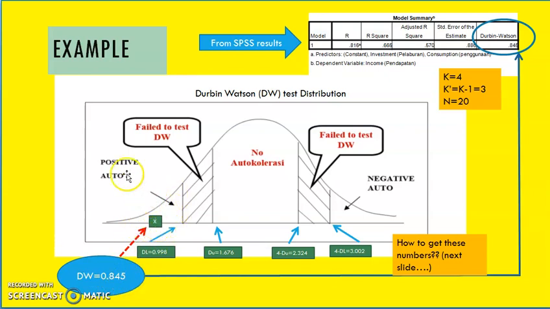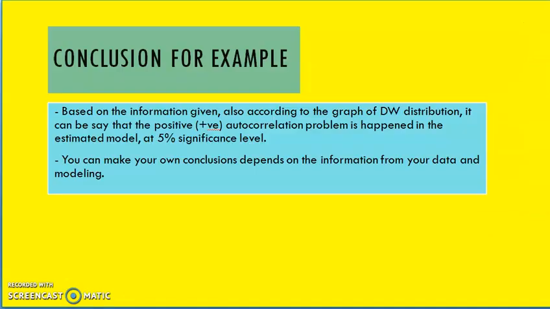And the first zone represents the positive autocorrelation. Therefore, the conclusion, for example, based on the information given and according to the graph of the Durbin-Watson distribution, it can be seen that the positive autocorrelation problem happens in the estimated model at the 5% significance level.